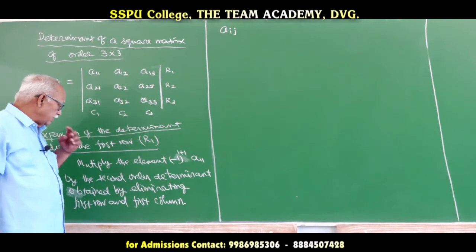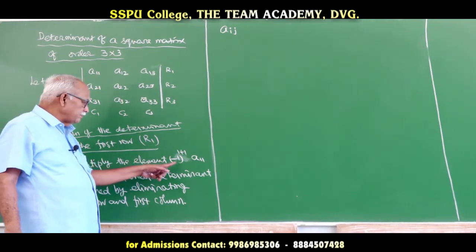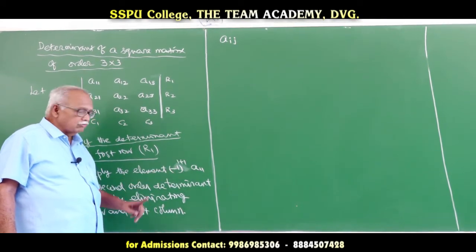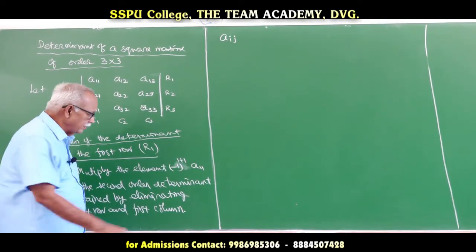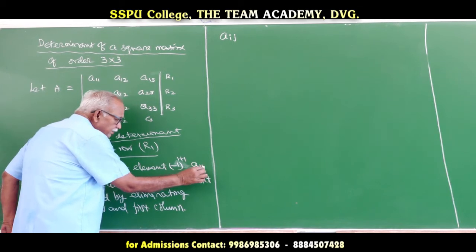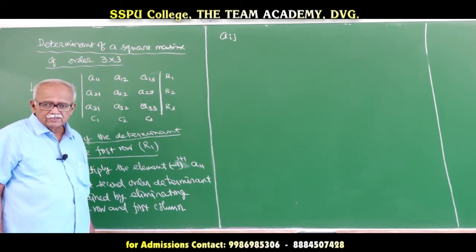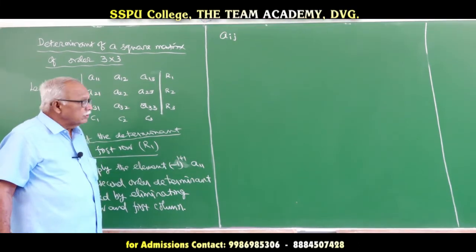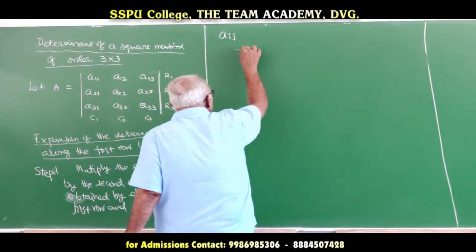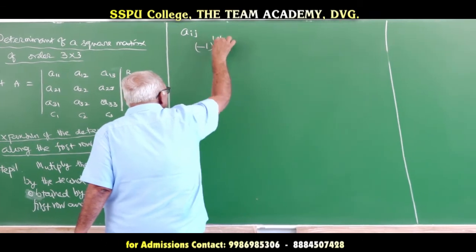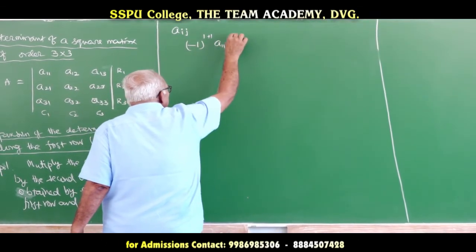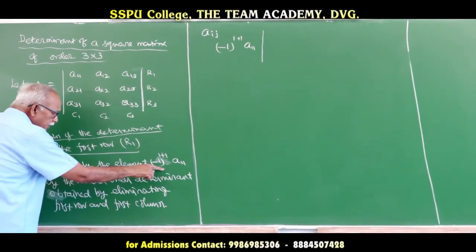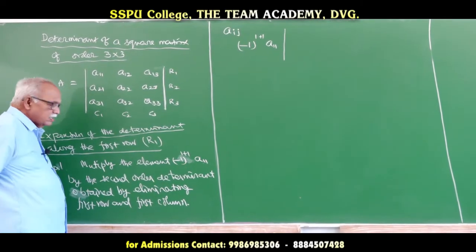Here, for the first element I have taken (-1) to the power 1 plus 1. How do we get this 1 plus 1? This is the sum of the suffixes. Now I multiply this by the second order determinant.